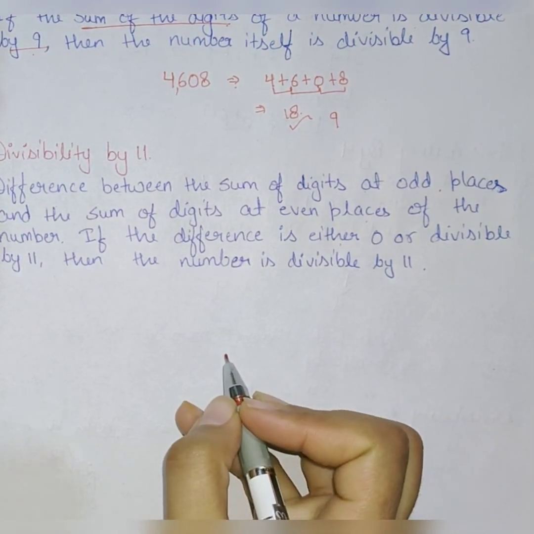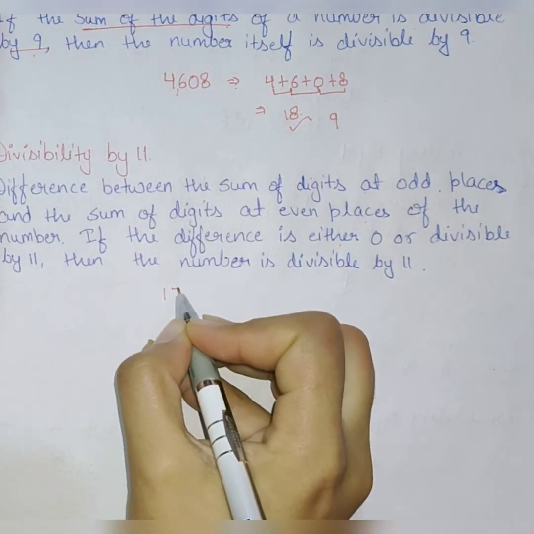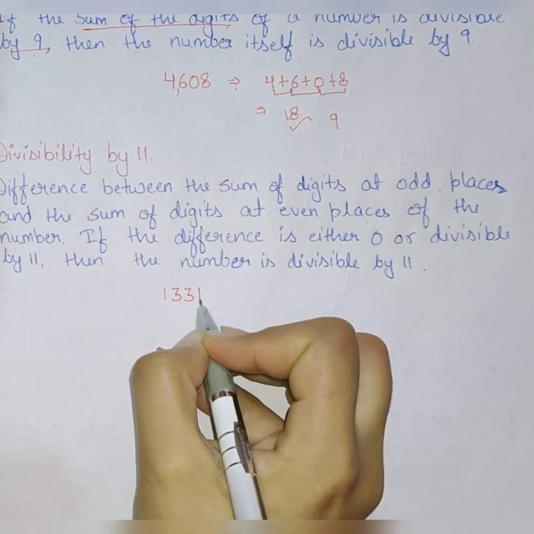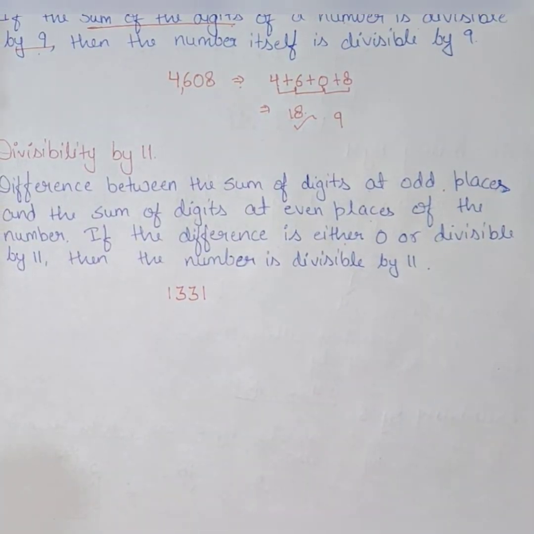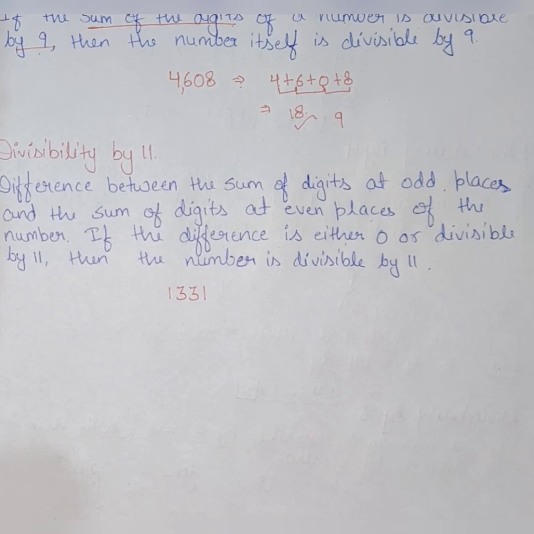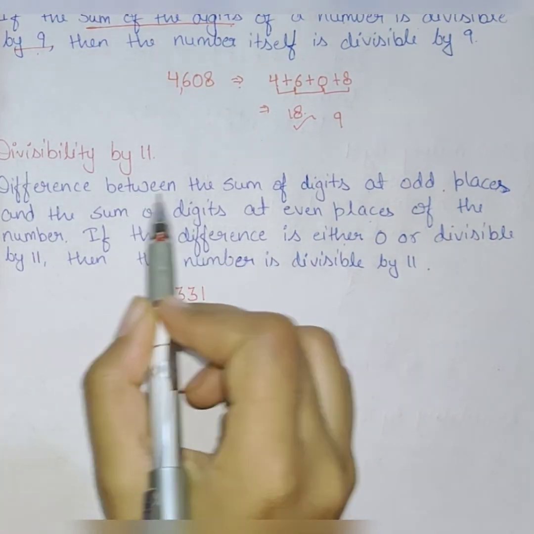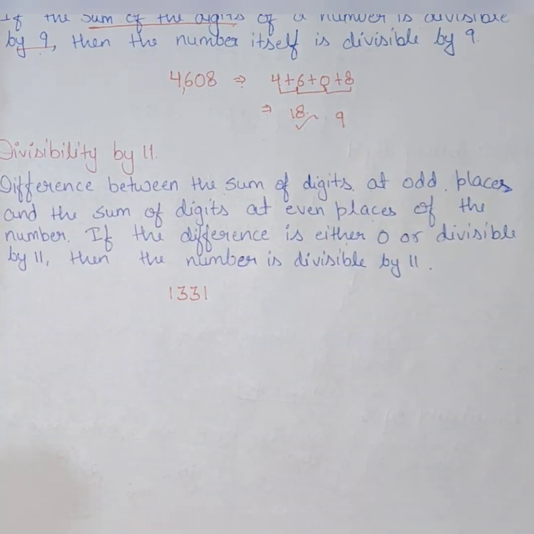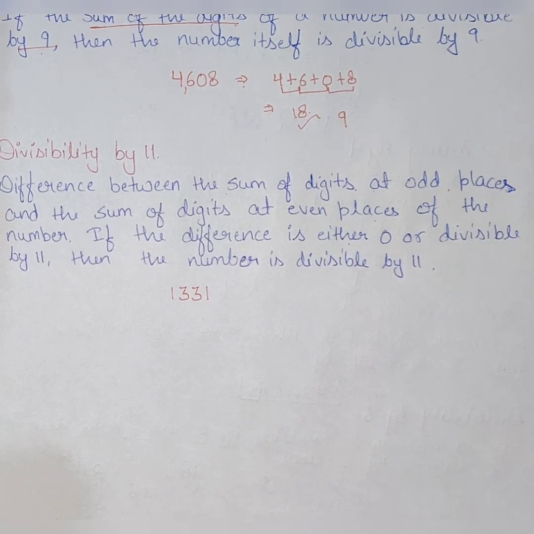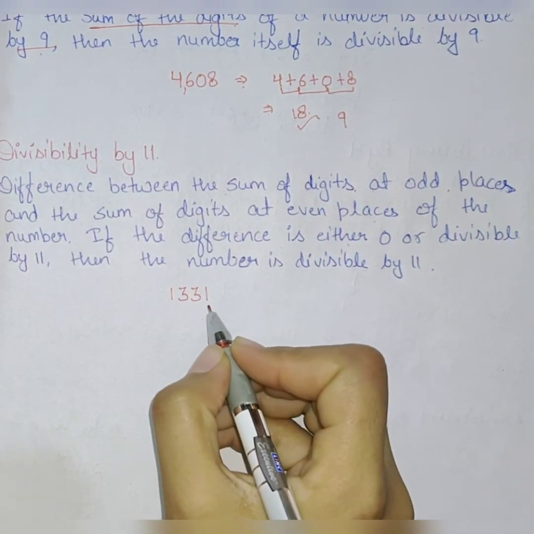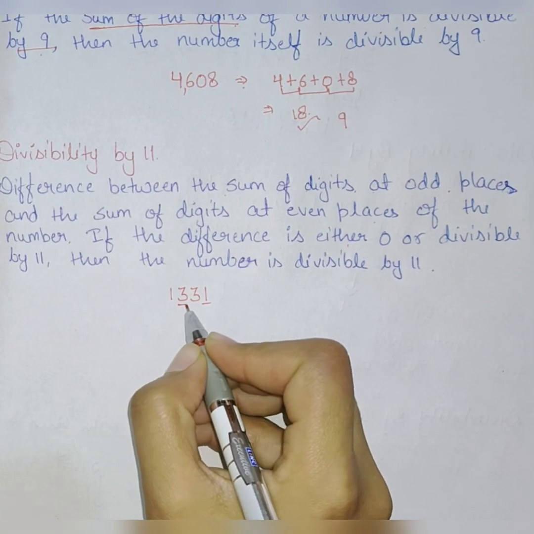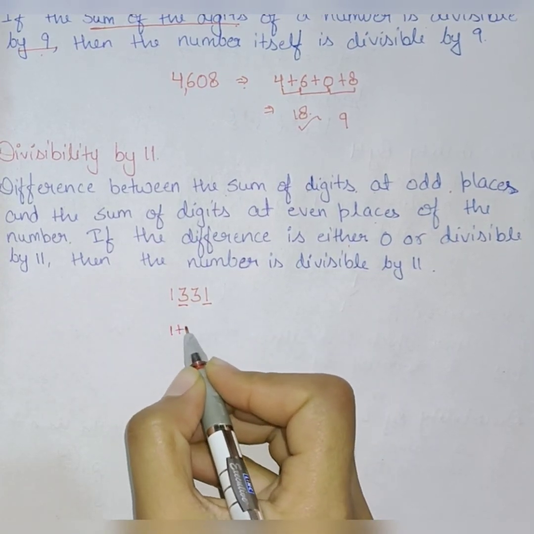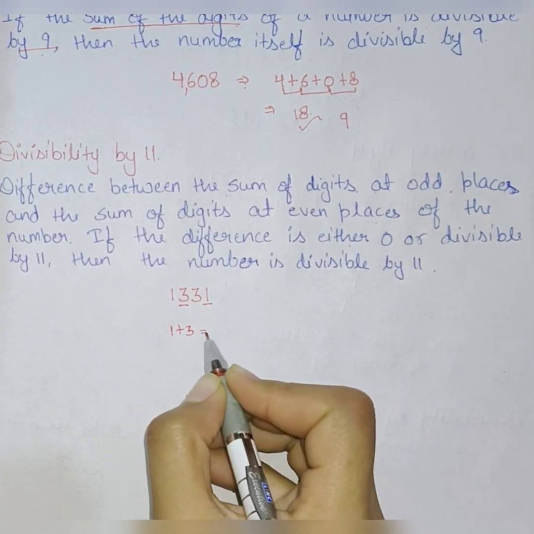Suppose we have the number 1331. Now you have to check whether the number is divisible by 11 or not. So your rule is saying the difference between the sum of digits at odd places and even places. Now the digits at odd places are 1 and 3, so 1 plus 3 is equal to 4.